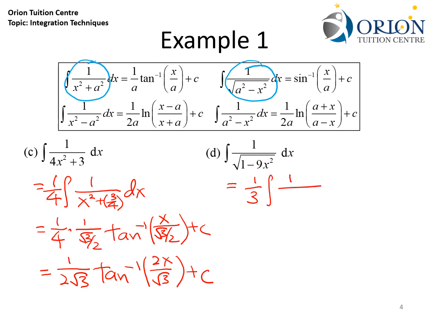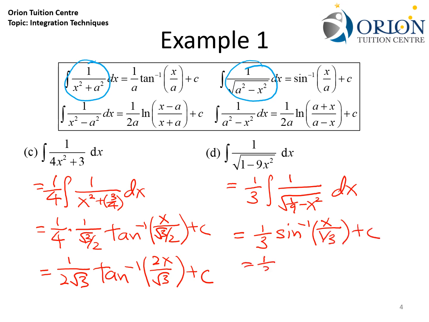So we get 1/3 times the integral of 1 over square root of 1 over 9 minus x squared dx, which is exactly of the same form as our formula, where a squared is 1 over 9, and therefore we can get the answer to be 1 over 3 sine inverse of x over 1 over 3 plus c, which we can simplify to be 1 over 3 sine inverse 3x plus c.